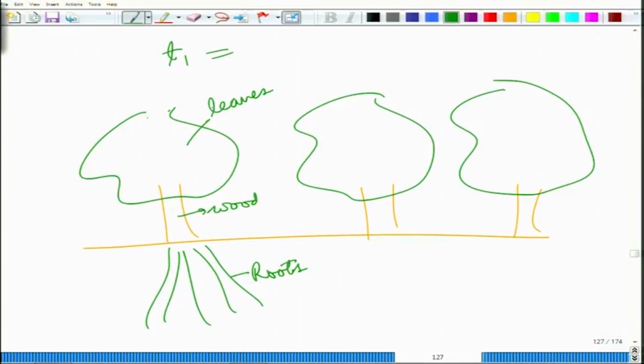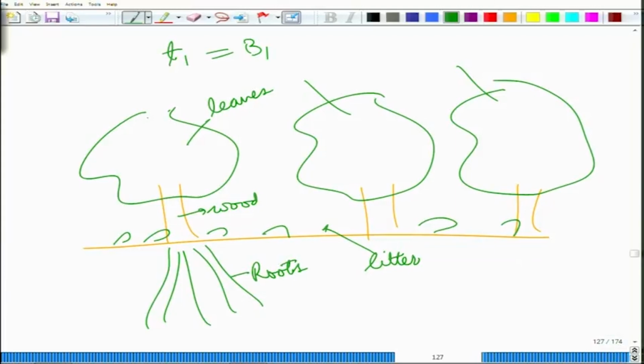So, you add the leaves from this plant, this plant, this plant and so on, and also you can make an estimate of the amount of litter that has gone down. So, litter consists of the dead wood or the decaying wood or the dead leaves that have come down. Now, at time T1 you make this measurement of the total amount of biomass that is present in this forest and you measure that it is B1.